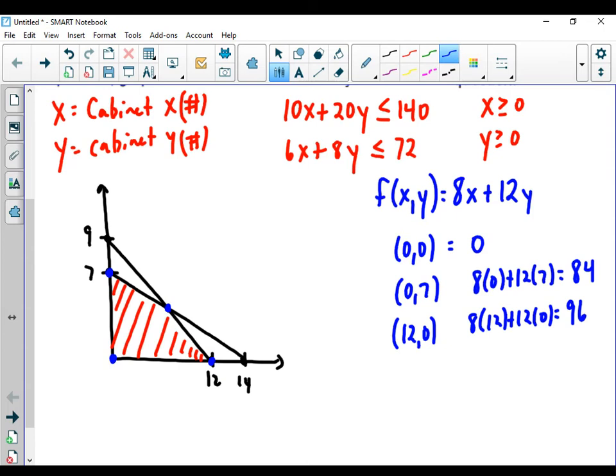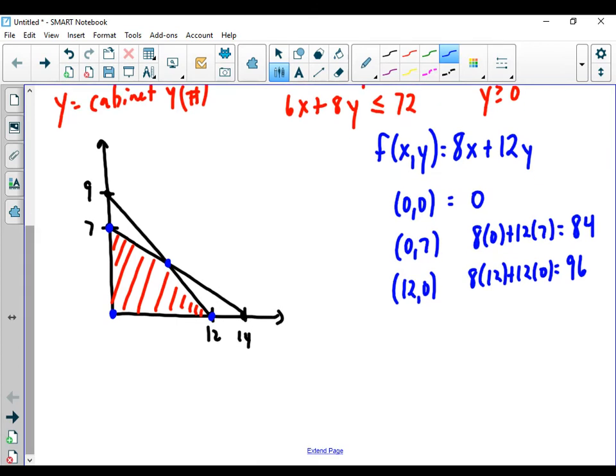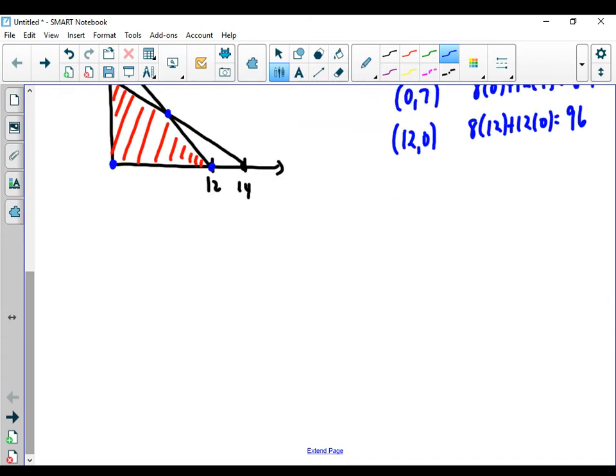If you use Desmos, that fourth point you can find pretty easily because the technology will help us do that. If we didn't have that, though, what we're really looking at is the intersection of those two lines. So this now becomes another system of equations problem.